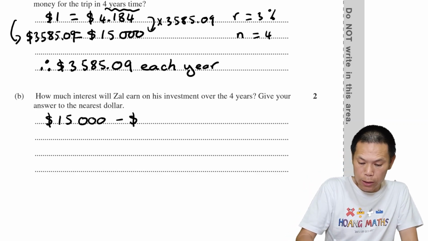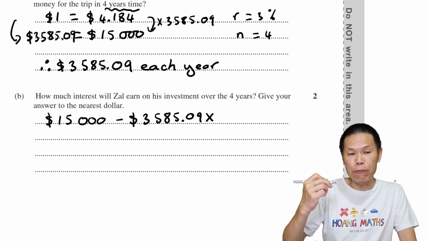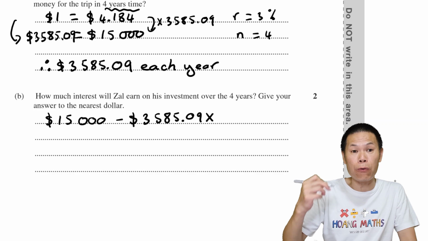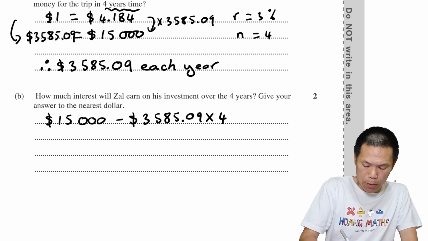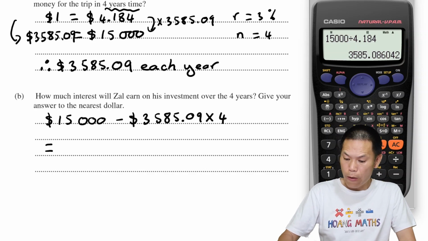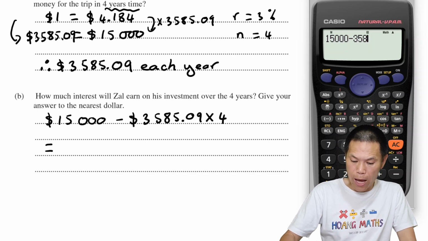He deposits $3,585.09, 4 times, because every year he contributes that much for four years. So I just go 15000 minus 3585.09 times by 4.